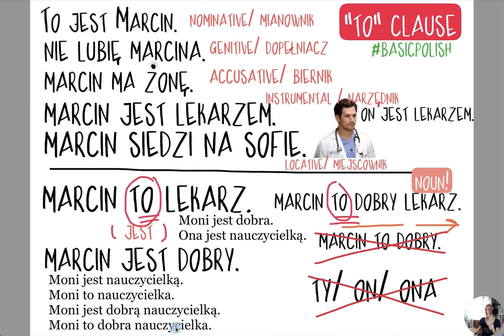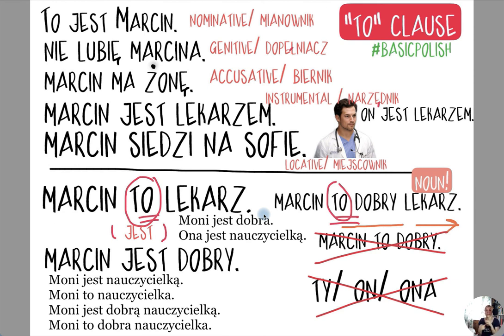So you don't really have to worry. You can do to. Moni to dobra nauczycielka. If you wanted to say Moni is good, then you have only one adjective in the sentence, right? So you know that you cannot use the to clause. You cannot use the to clause for adjectives only. So you are forced, in other words, to say Moni jest dobra, right?